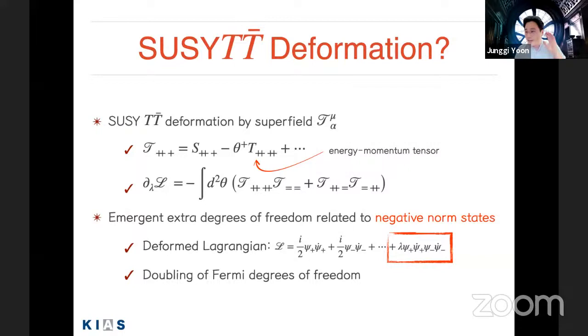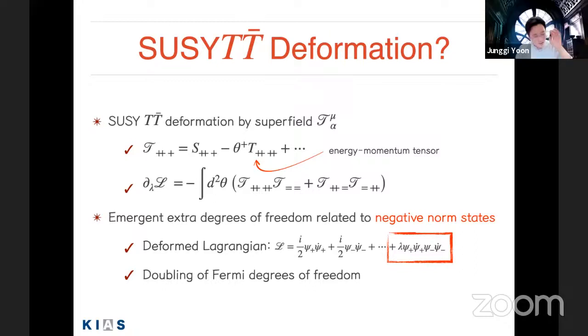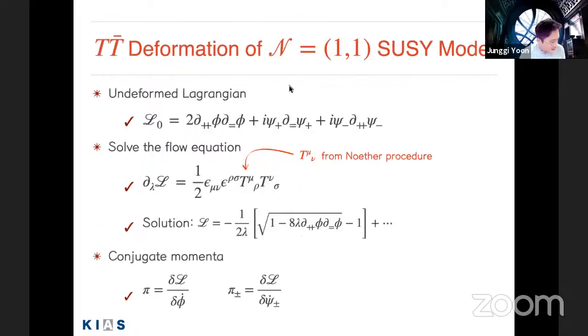Can you? I cannot hear. Okay, so we can see. We can see. Somehow. Junggi, can you hear me?